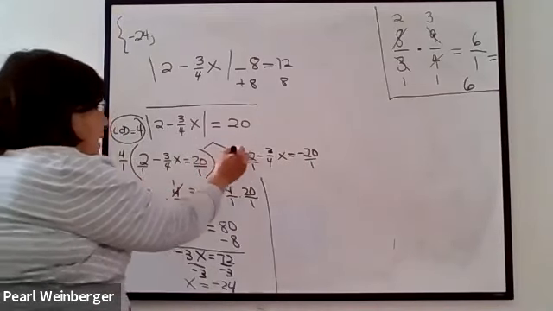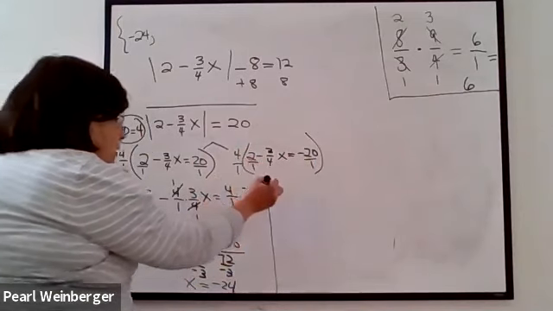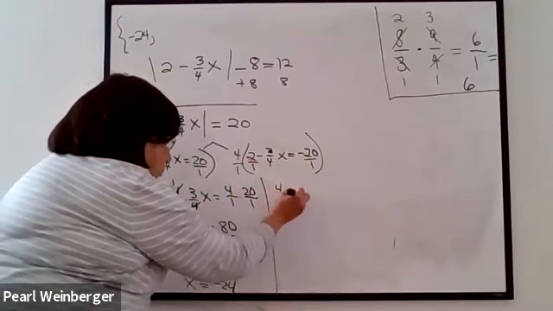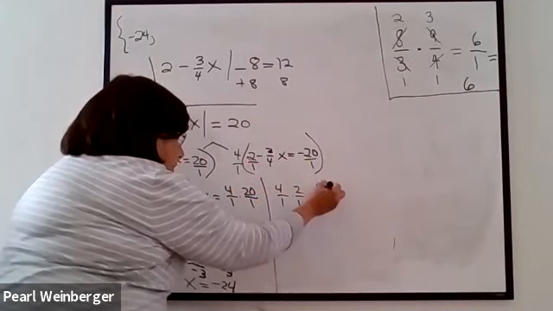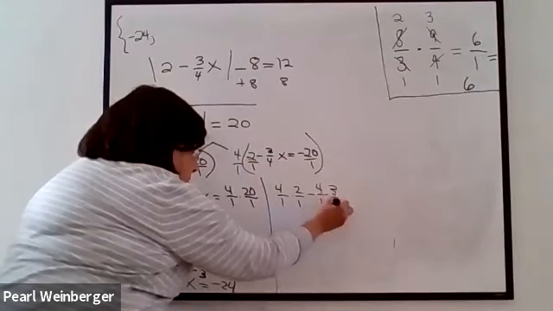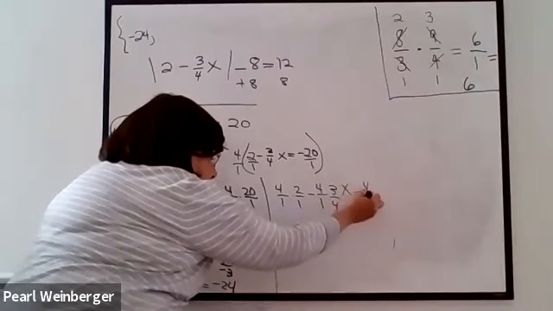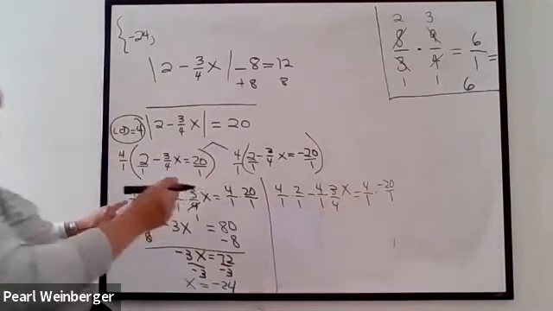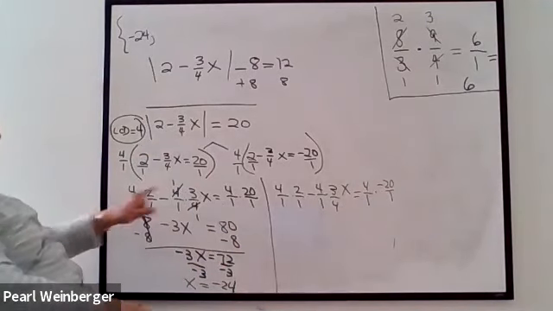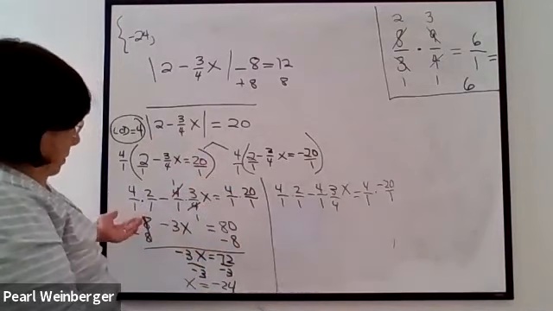I'm going to multiply everything by 4 over 1 here as well, which will give me the 4 over 1 times 2 over 1 minus the 4 over 1 times 3/4 x equal the 4/1 times -20/1. Same exact thing that I had over here, the only difference being the minus here. And again, the answers are going to be the same.